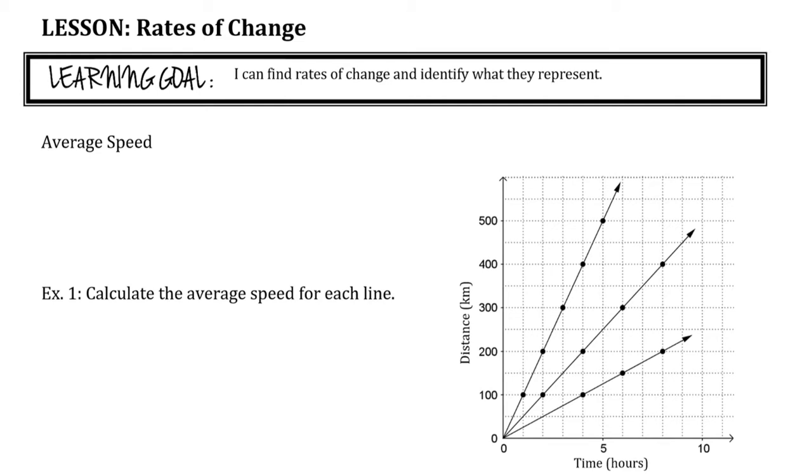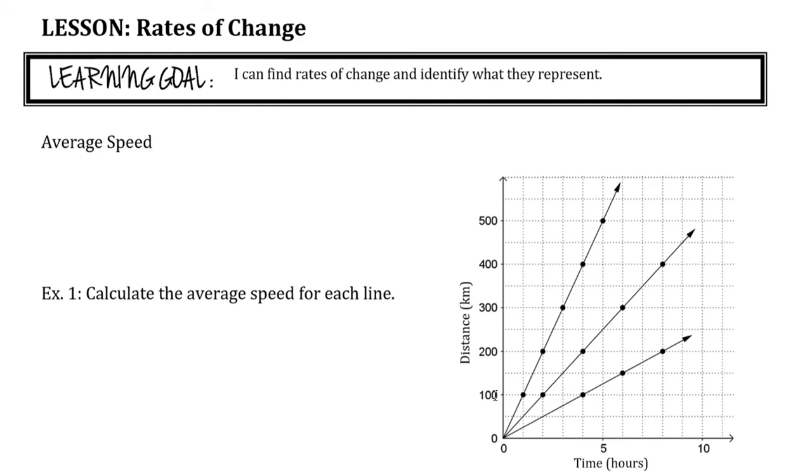So that's a big part of what we're talking about today: what does it represent? How is it connected to the real world? So we're going to talk about some different rates of change, and how the change in a table or a graph or a rule that we were looking at in linear relations is connected to the real world.